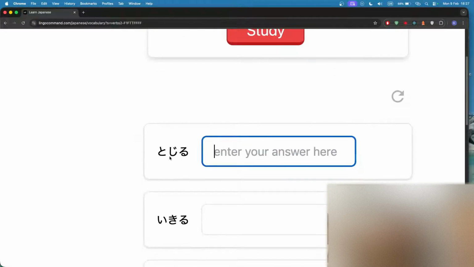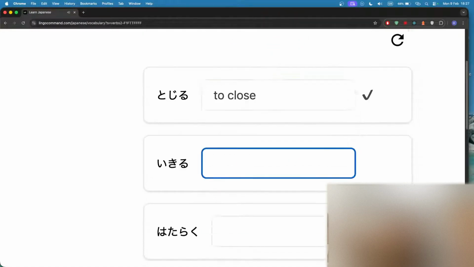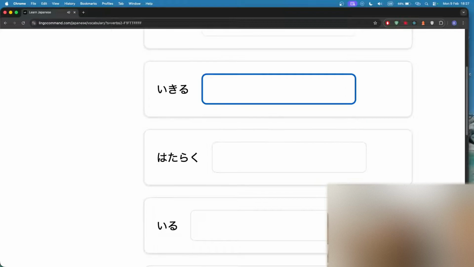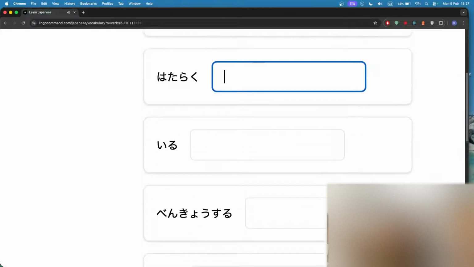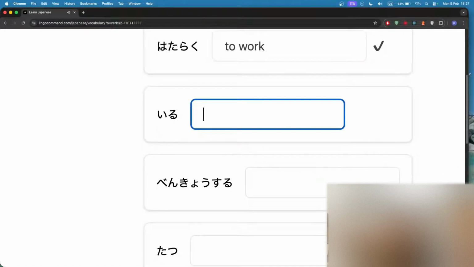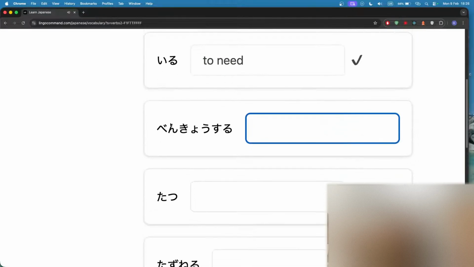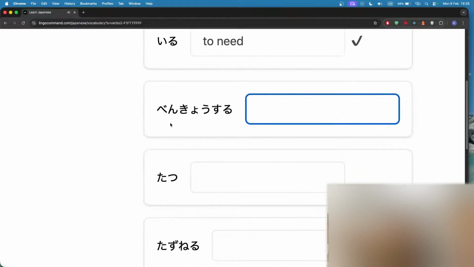So this is tojiru. I think it means to close. Ikiru is to live. Hataraku is to work. Iru is to need. It can also be like to be, but I think the kanji is different. Benkyou suru is to study.